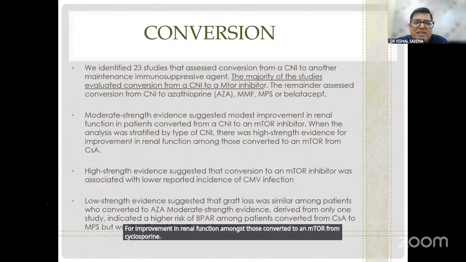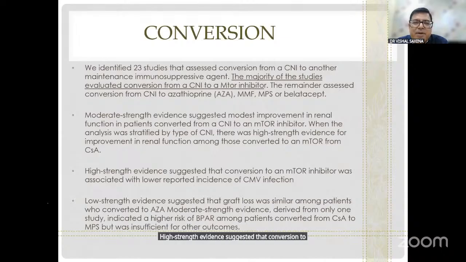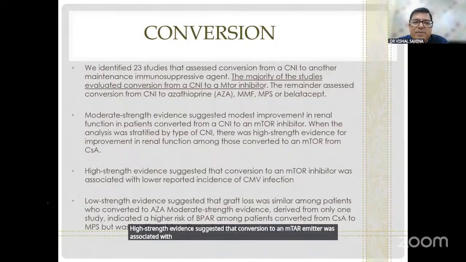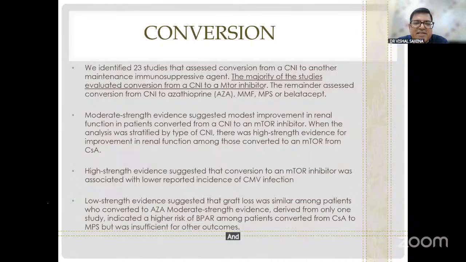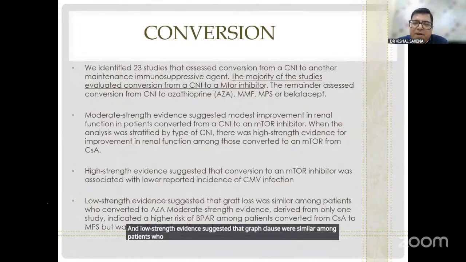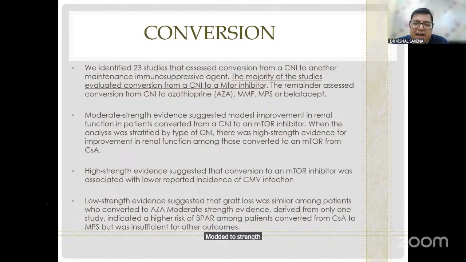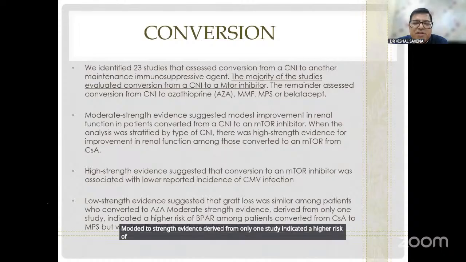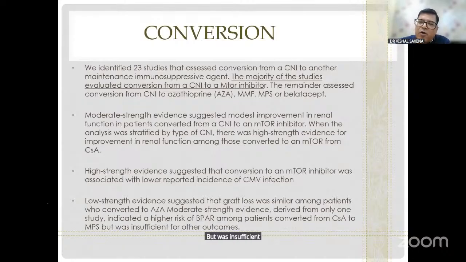High strength evidence suggested that conversion to an mTOR inhibitor was associated with lower reported incidence of CMV infection, and low strength evidence suggested that graft loss was similar among patients who converted to azathioprine. Moderate strength evidence derived from only one study indicated a higher risk of biopsy-proven acute rejection amongst patients converted from cyclosporin to mycophenolate sodium, but was insufficient for other outcomes.